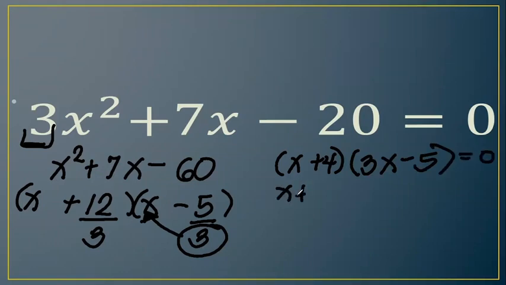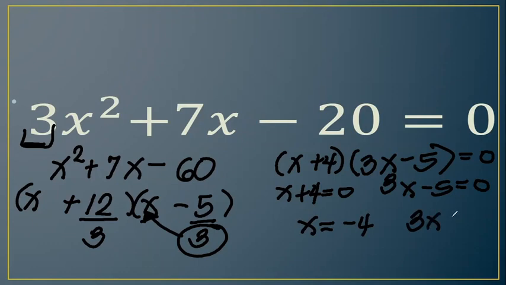By zero product property, x plus 4 is equal to 0 and 3x minus 5 is equal to 0. Then we transpose. So x equals negative 4. 3x equals 5, but we have to divide it by 3. So the two values of x here are negative 4 and positive 5 over 3.